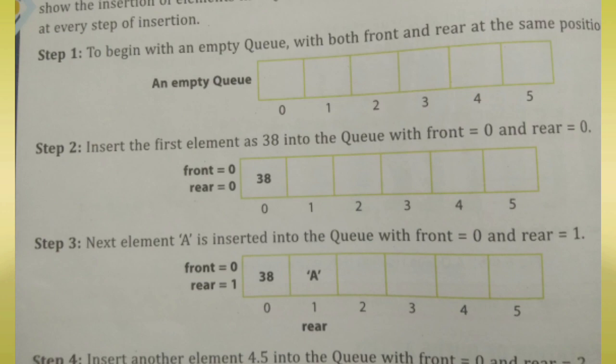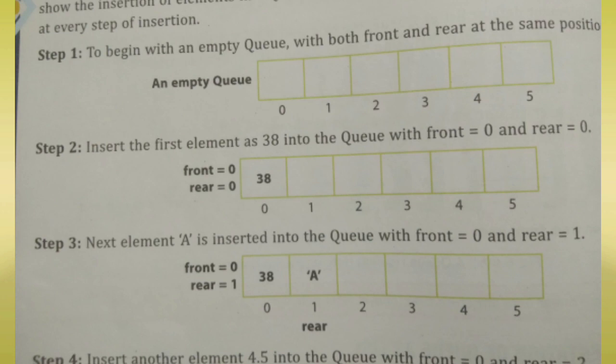In the third step, the next element A is inserted into the queue with front equal to 0 and rear equal to 1. After insertion of one element, the value of rear will be incremented by 1, because insertion takes place at the rear end.